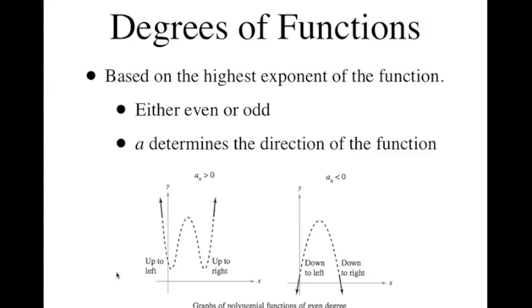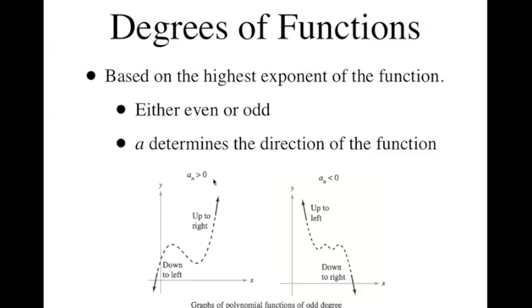So if a is a positive number greater than 0, and this is for an even function, we're going to see that the endpoints always go up in the positive direction. If a is a negative value, the coefficient of the highest degree exponent, then we are going down in either direction. What about odd functions?